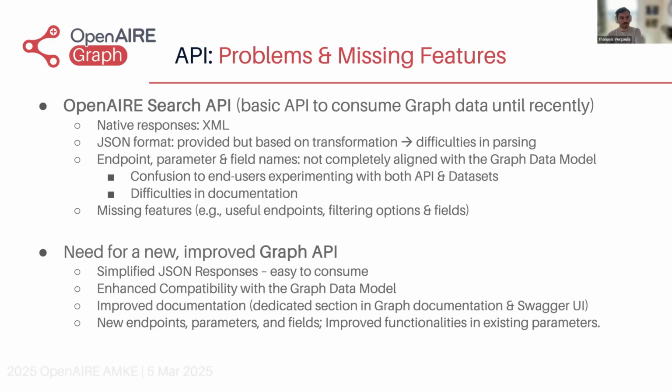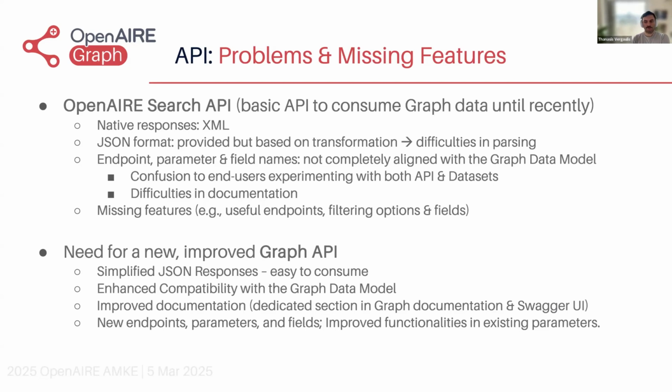We tried to put the focus on documentation. We created a dedicated section in the graph documentation that is providing more information, is elaborating on the technical aspects related to the Graph API.